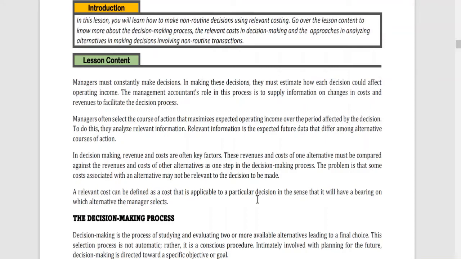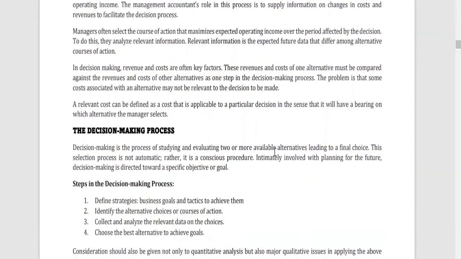We need to determine what are the items of costs and expenses that differ among alternatives. And only those costs and expenses that differ among alternatives will be included in our computation and analysis. But before we go to the computation, let's go first to the decision-making process.